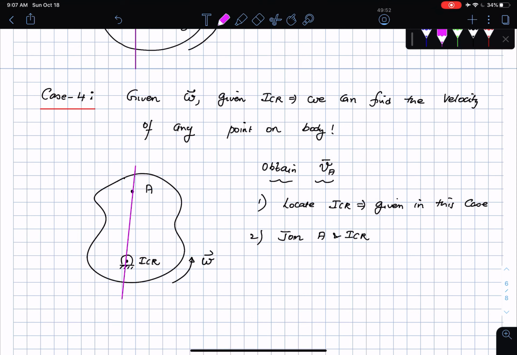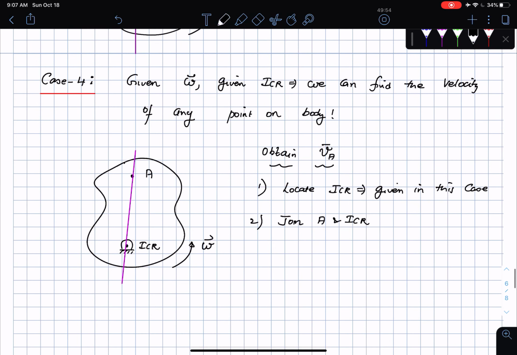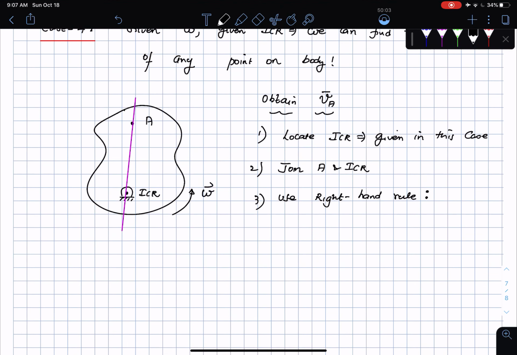And then I have to make use of the right hand rule. The velocity of A has to be drawn such that if I use the right hand rule, I get the same omega direction as the previous case.